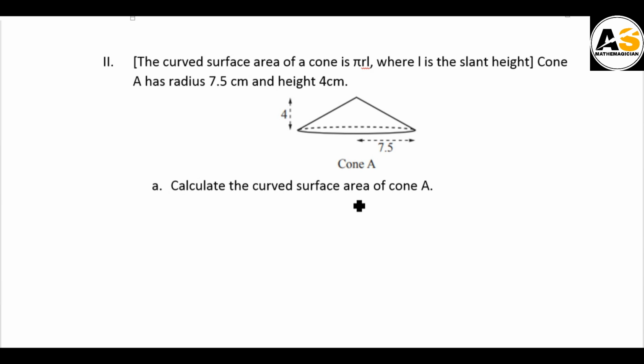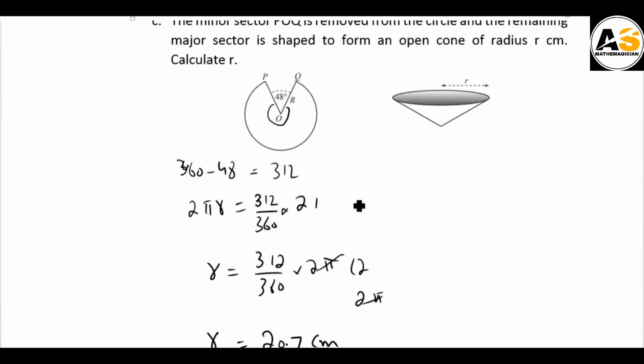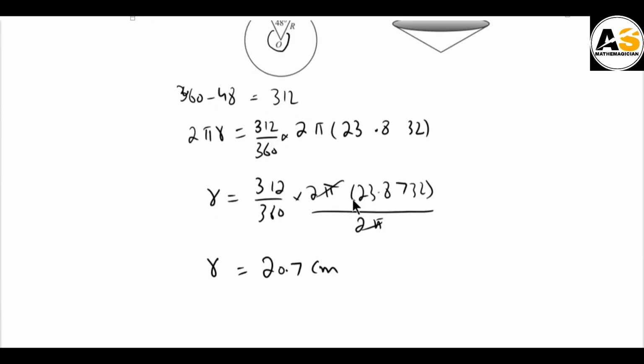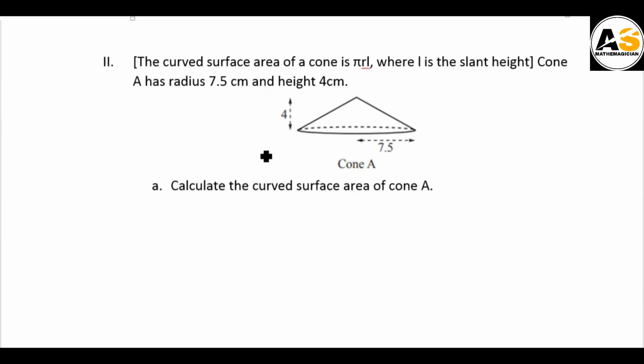Now we are moving to the second part of this question. In the second part, we are given a cone which has a radius 7.5 centimeter and its height is 4 centimeter, and we have to find the curved surface area of the cone. The formula for curved surface area is pi r L, where L is this slant height.